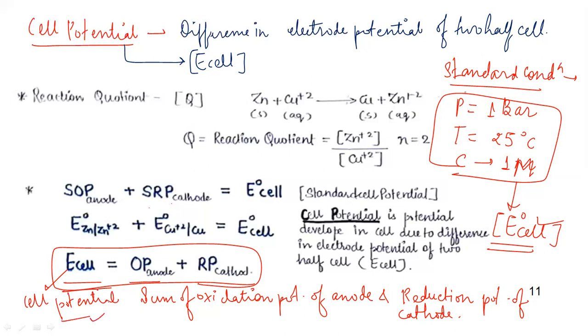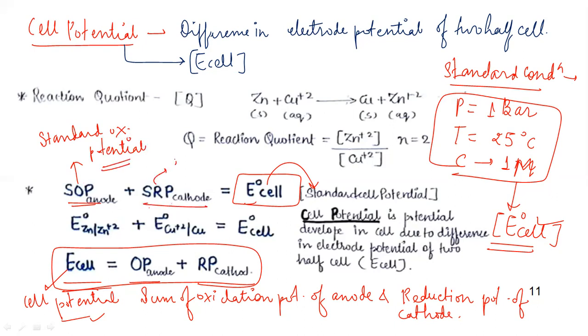Now, what is E naught cell? E naught cell is the standard cell potential, and it equals the SOP, the standard oxidation potential, plus the SRP, the standard reduction potential.